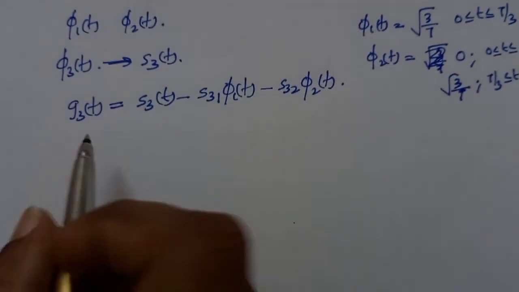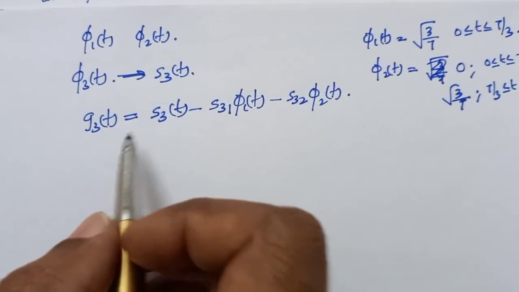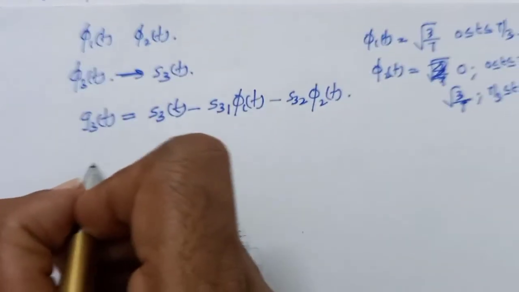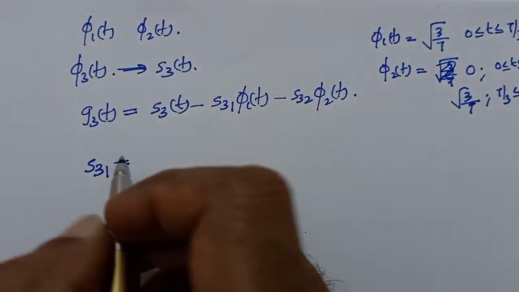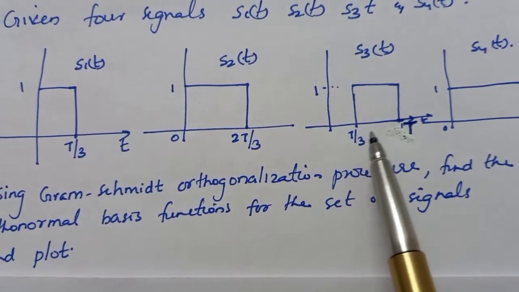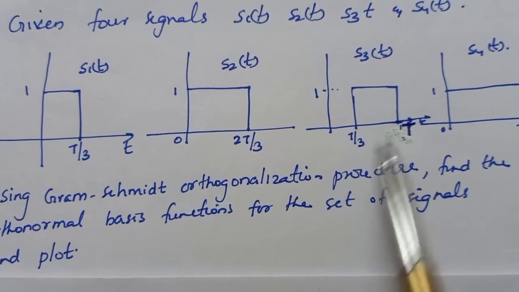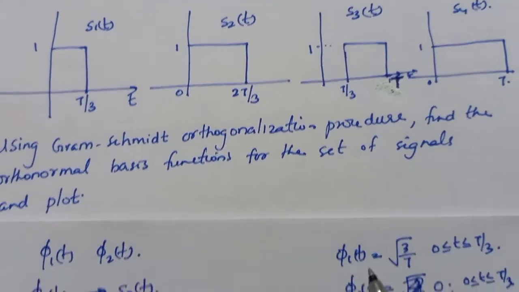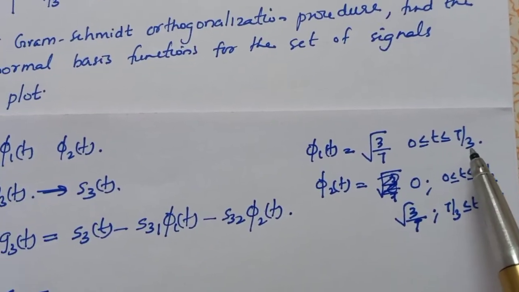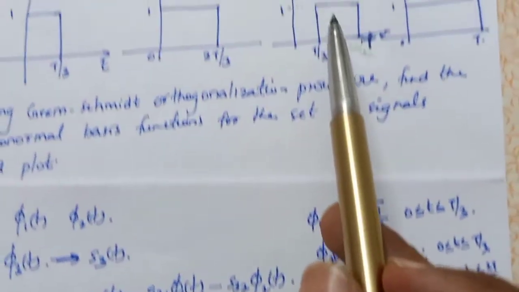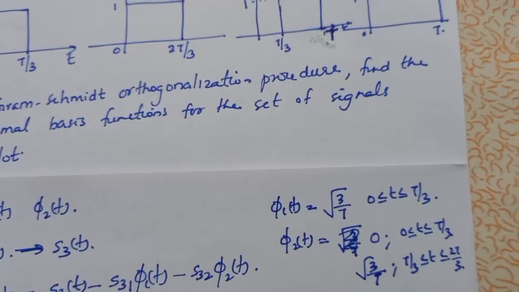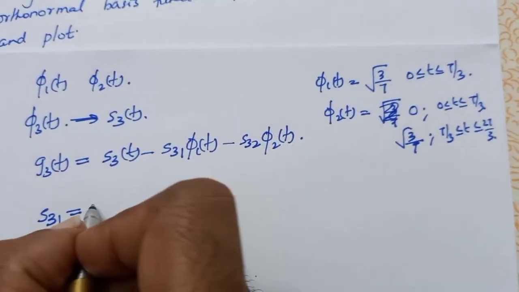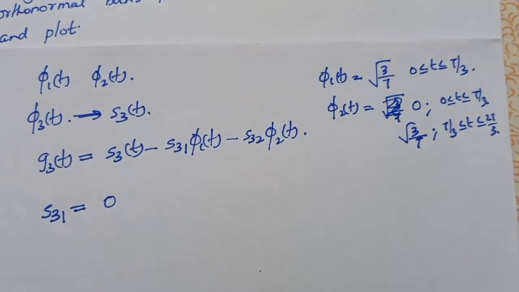Okay, so for finding G3(t), we need to find S31. What is S31? S31 is the projection of S3(t) on phi 1(t). So we know that S3(t) ranges from t by 3 to t, but phi 1(t) ranges from 0 to t by 3. So we can say that S3(t) has no component in the range of 0 to t by 3. So S31 will be 0.